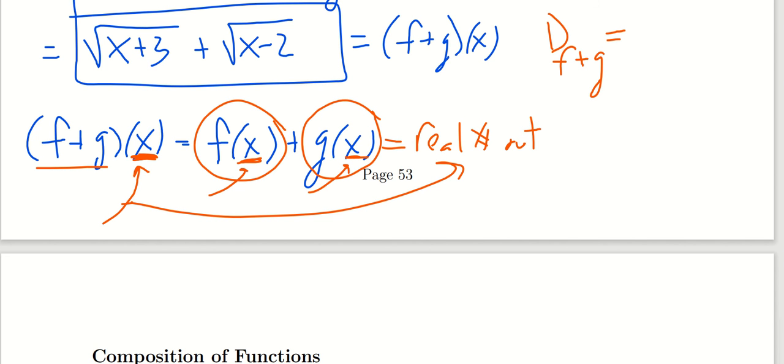So what does that mean? To be in the domain of f plus g, the x value must simultaneously be in the domain of f, and it must also be in the domain of g, which means it has to be in the intersection of the two domains for the original functions. Okay? This is very, very important.